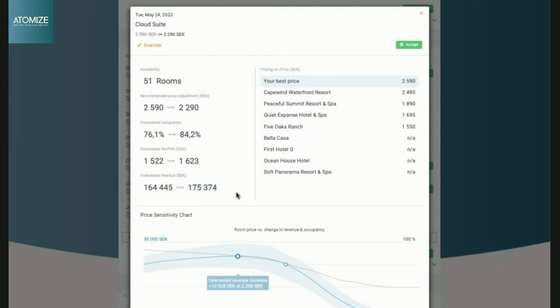Then you can start validating: does it make sense? Then you can start looking at the comp set. Is there a reason for lowering the rate to start with? Yes, the current price, 25.90, is absolutely the most expensive of the comp set.